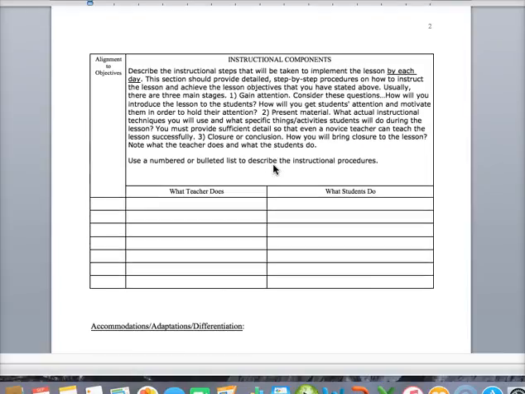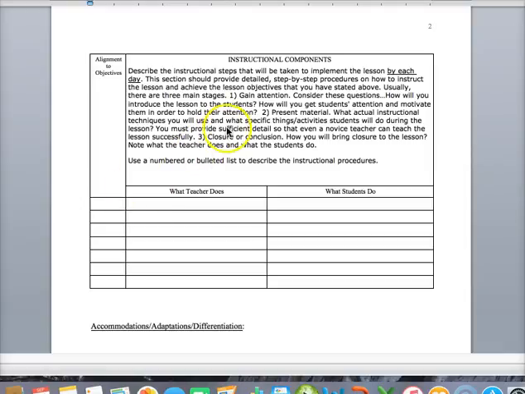You need to describe all the steps that you're doing and all the steps that students are doing, okay? This alignment to objectives, don't worry about that right now. Go back and fill that in later, okay? Some things will not align to objectives. Not every single thing you do in a classroom aligns to objectives, but we want to make sure that you're staying on target for the learning of what you want students to do or learn in this classroom.